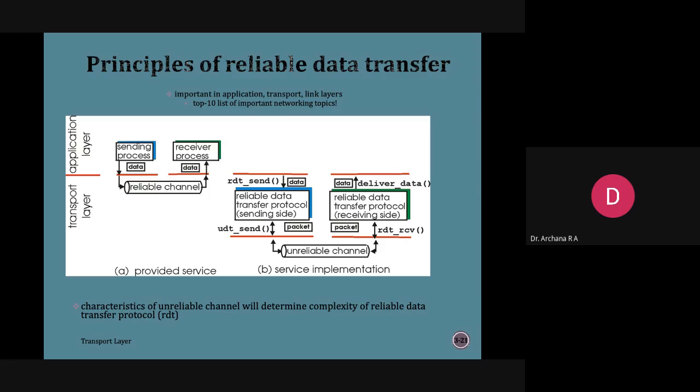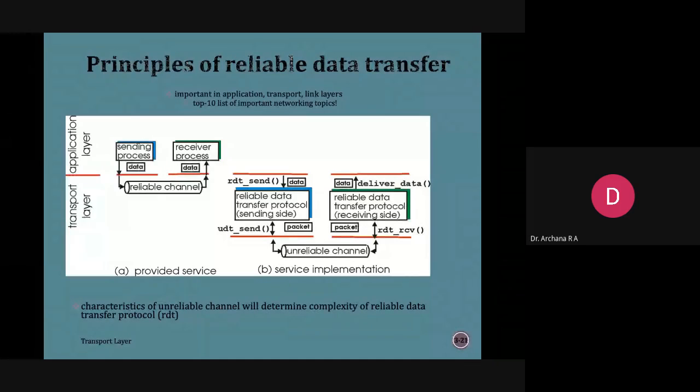Suppose a data packet, whatever you send from the sender side, has to reach the destination. If any error occurs, it indicates that reliable data transfer is not occurring between the source and the destination. So reliable data transfer is one of the fundamental important problems in networking.